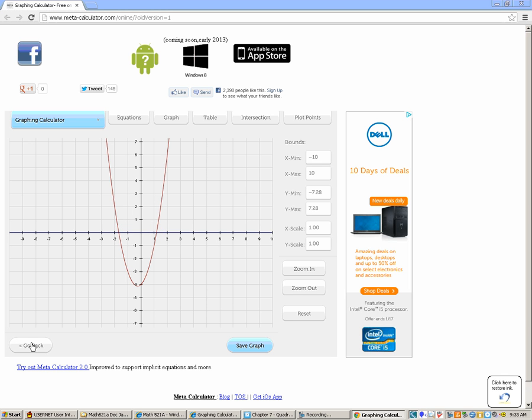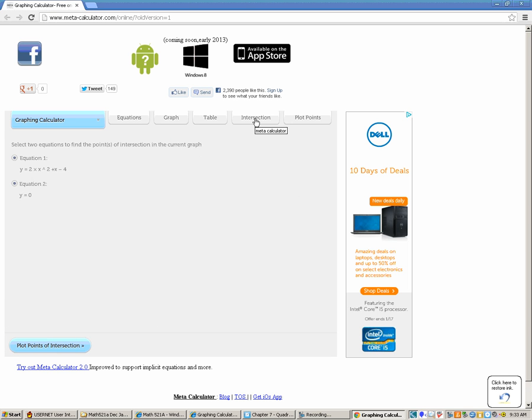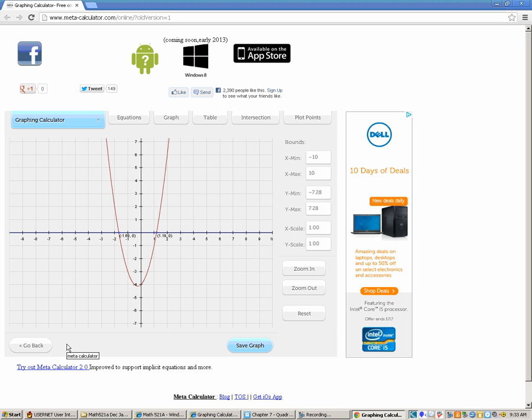So to do that, you click on the intersection tab, and this is what will come up. So as long as your two equations are selected, so you have the circles in them, then you click on plot the points of intersection, and it shows you. Okay, you probably have to do this on your own to be able to see them big enough.